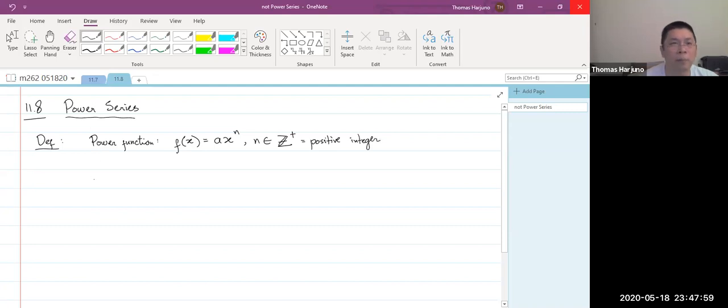Now, then, a power series is the series of power functions. Power series is the series from n equals 1 or maybe 0 in this case, of such power functions. Let me use a sub n x to the n.